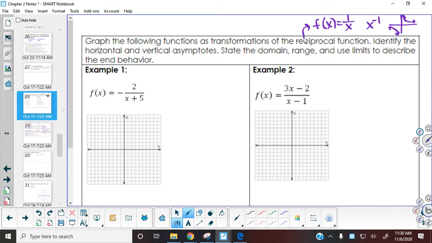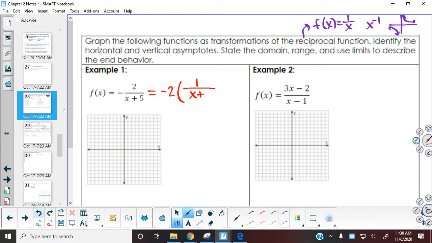So if we look at example 1, the key is that we need to break it up. First off, we can rewrite this and take it apart, making negative 2 out in front and then putting 1 over x plus 5. The reason that works is because if we put it back together, we would be multiplying that negative 2 into your numerator.